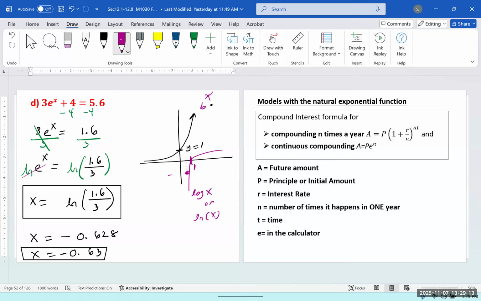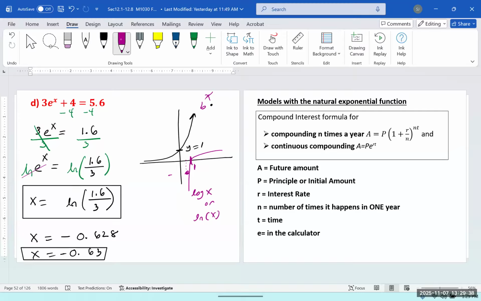So when you invest money, there are 2 types of formula you need to deal with, and both of them are exponential equations. The first formula says, if you compound your money n times in a year, it means you ask your bank to use your money n many times in a year, then to calculate your final amount, they're going to use the first equation.